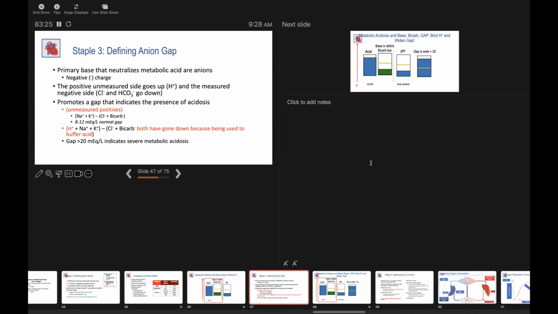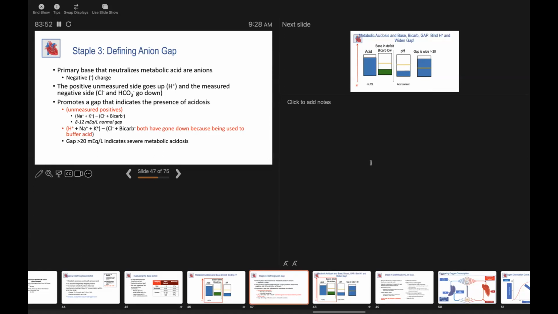Normally, chloride stays about the same, might go down a little, but bicarb drops aggressively. That's what gives you the gap. It's the presence of the unmeasured cation, which is hydrogen, and the consumption of the measured anions, bicarb and chloride. I'm consuming them because they're being used to buffer hydrogen. That's what gives me a gap.